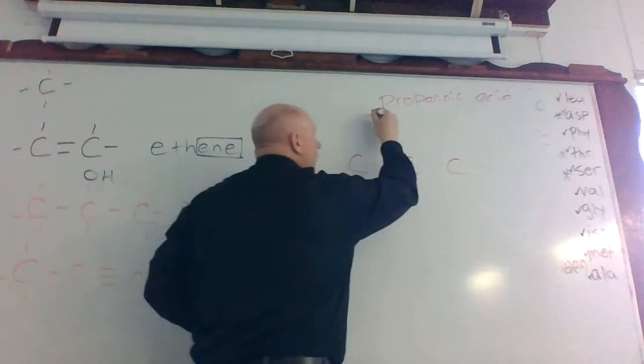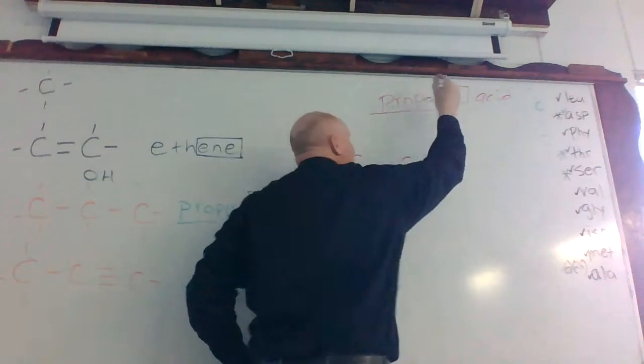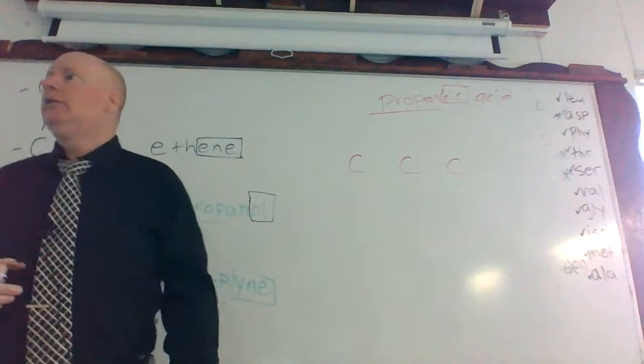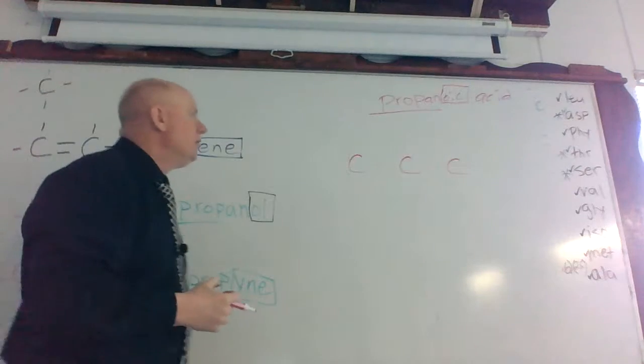So that took care of this. This is your organic family. How do you know it's an acid? Students would like to say COO, because it's COOH. This is a little different because it's got a double bonded oxygen on there somewhere.